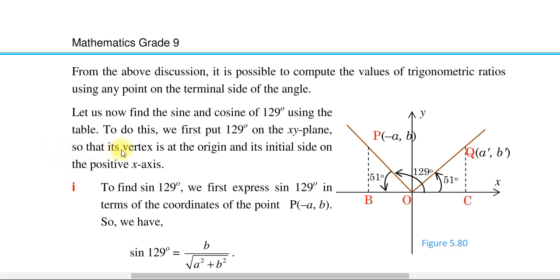So that its vertex is at the origin and its initial side is on the positive x-axis. To find sine 129, we first express sine 129 in terms of the coordinates of point P(-A, B).